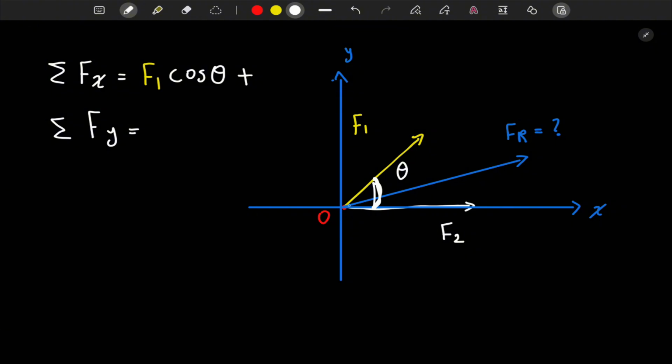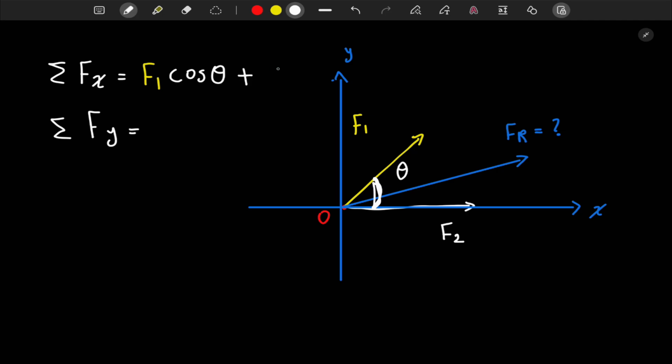as we can see, the F2 force lies on top of the x-axis, so there is no angle between the force and the x-axis.